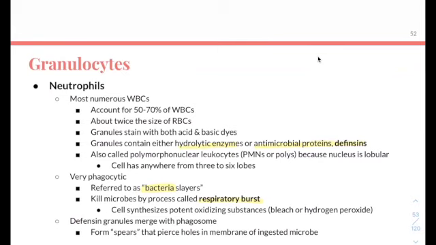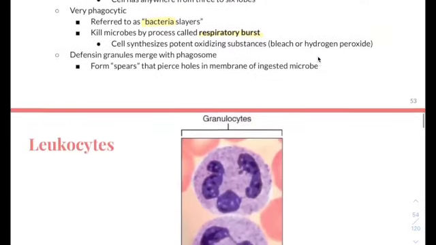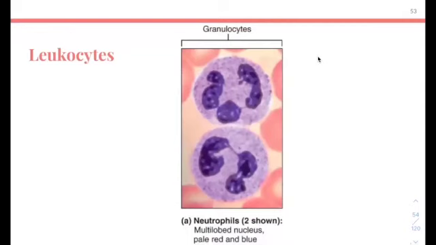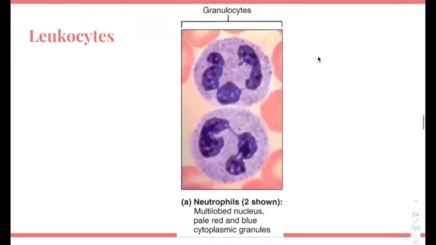So they kind of ingest the bacteria. So here again is that neutrophil. You can see the different lobes. You can see the purplish granules in the cytoplasm.